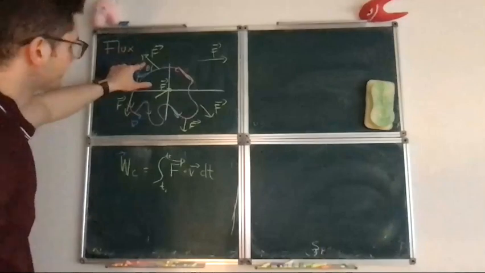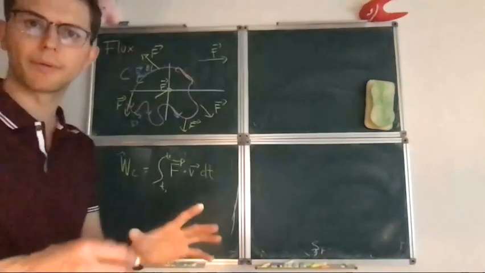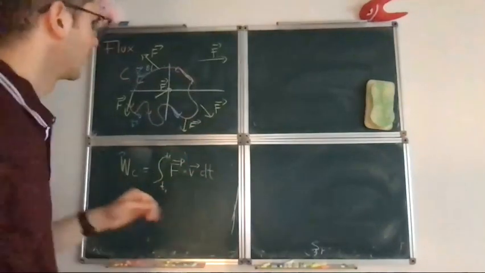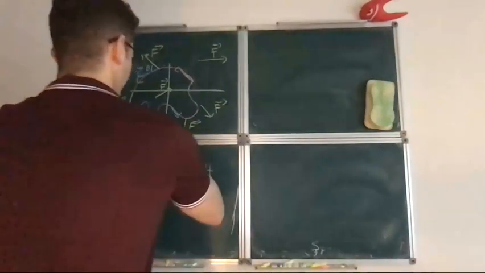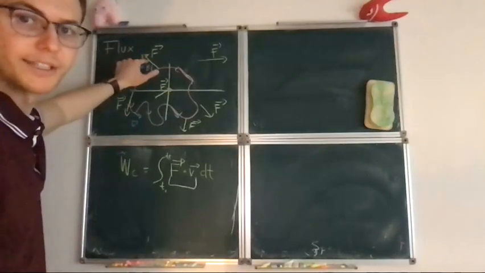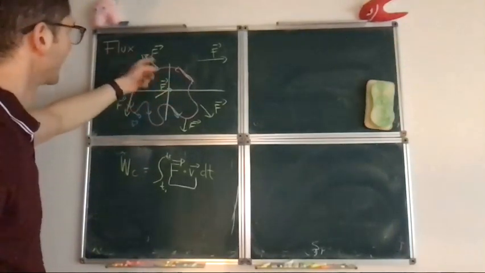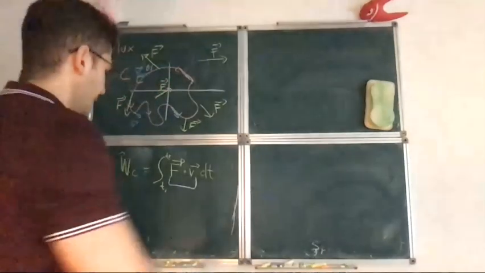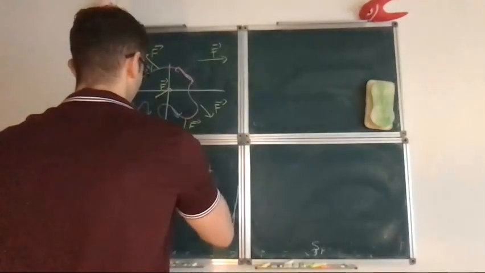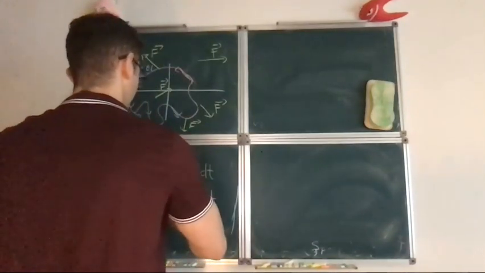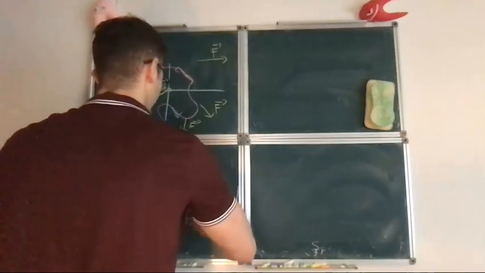And the dot product, if you remember the beginning of this course where we talked about projecting one vector along the other, has to do with the component of F which is tangent to the curve, because it has to do with a component of F which is parallel to the velocity. So, component of F tangent to the curve.